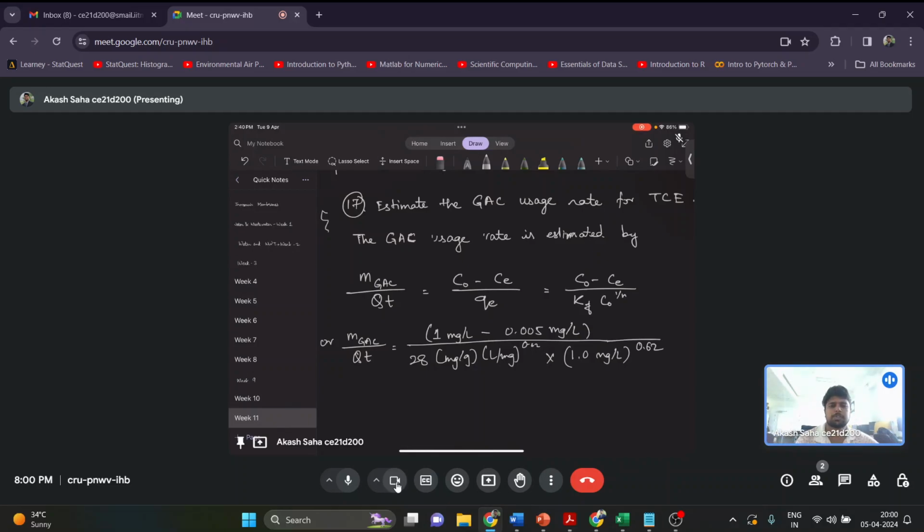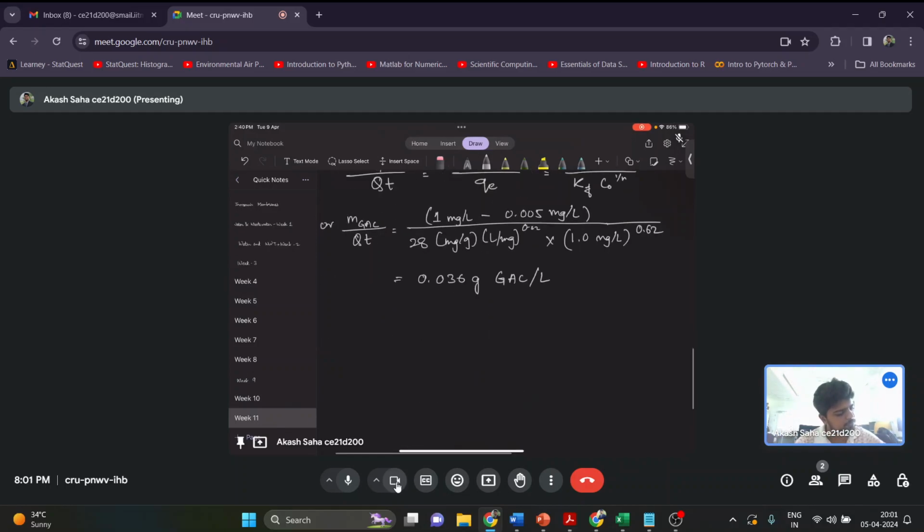Okay, so we have substituted all the values, so we'll get it as 0.036 gram GAC per liter.